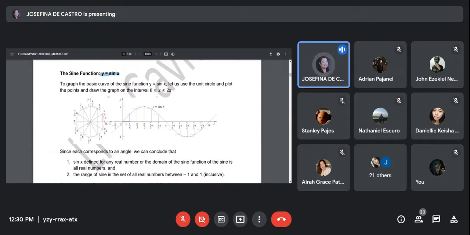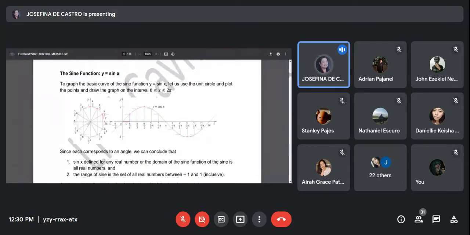So, pag sinabi mong if x is equal to 0, y is equal to sine 0. Kaya 0, 0 siya. So, for the pi over 6, if x is equal to pi over 6, pi over 6 is 30 degrees. Sine 30 degrees is equal to 1/2.